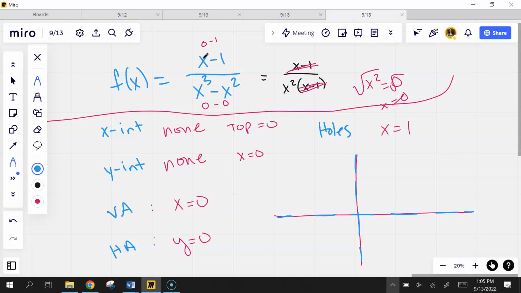At 1 squared is 1, so 1 over 1. So it's got a hole at X equals 1. So here's a hole.